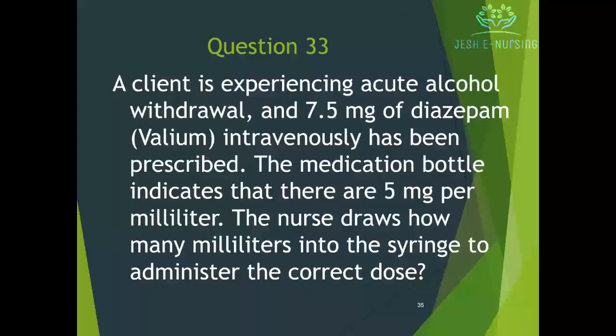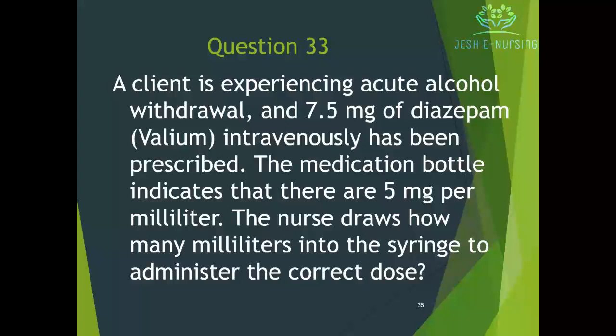Question number 33. A client is experiencing acute alcohol withdrawal and 7.5 mg of diazepam (Valium) intravenously has been prescribed. The medication bottle indicates that there are 5 mg per milliliter. The nurse draws how many milliliters into the syringe to administer the correct dose? Always we need to follow the same formula.